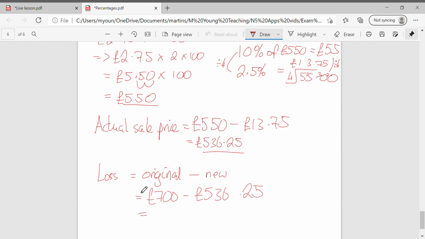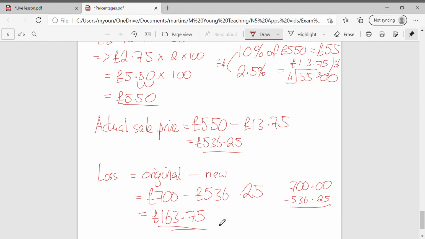Okay, if you can do that in your head, excellent, but just make sure you can set out a sum. I'll just show that at the side just in case. Make sure you line up the decimal points as well. Do the sum. Okay, and what you're going to end up with, 700 take away 536.25, that's going to be £163.75. Okay, but you can just do a sum if you can't work that out in your head.